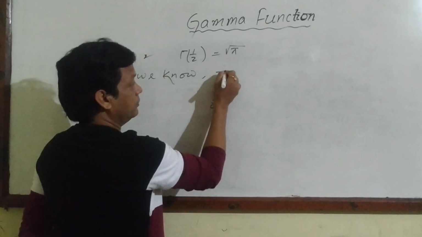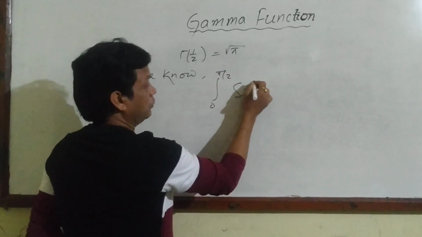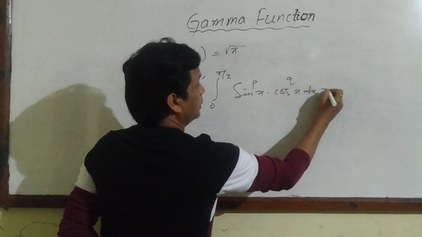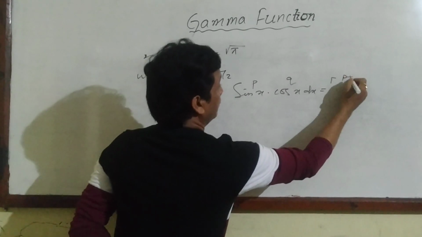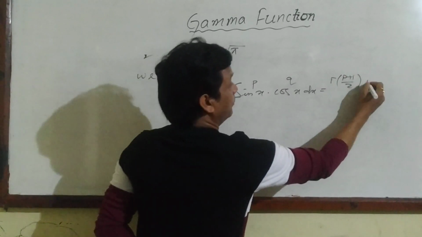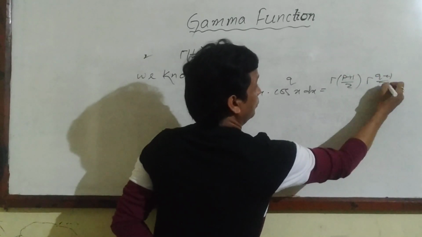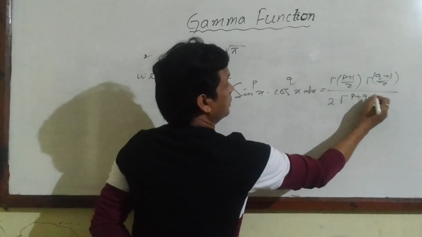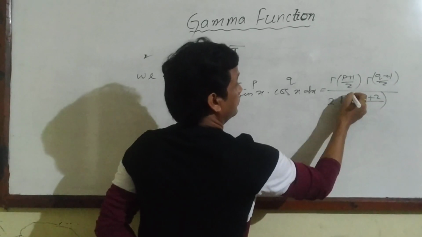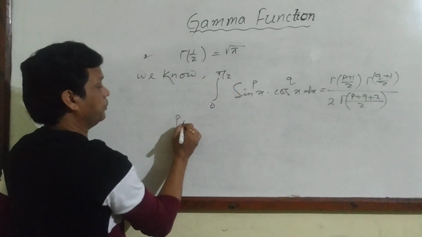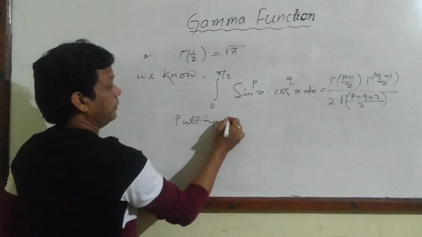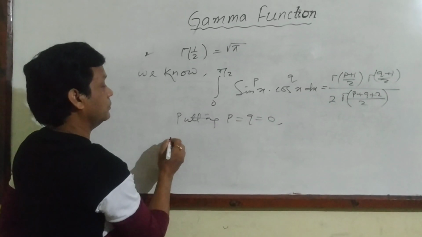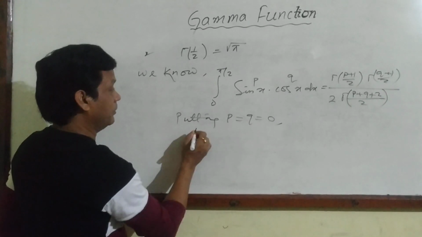Integration 0 to pi by 2 of sin to the power p x into cos to the power q x into dx is equal to gamma of (p plus 1) by 2 into gamma of (q plus 1) by 2 divided by twice of gamma of (p plus q plus 2) by 2. So simply put p is equal to q is equal to 0. Okay, then we will get 0 to pi by 2.